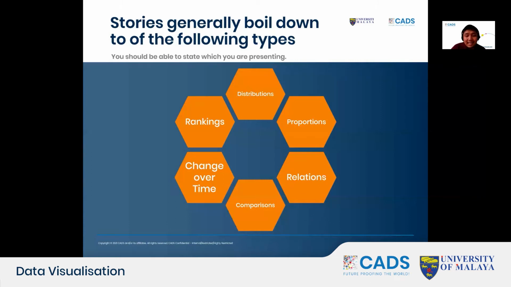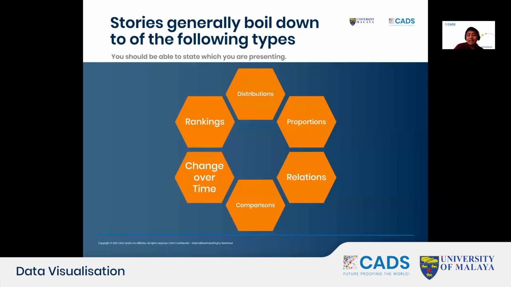There are 6 main stories we could tell with our visuals. The first one is distributions, and then we have proportions, relationships, comparisons, change over time, and rankings.